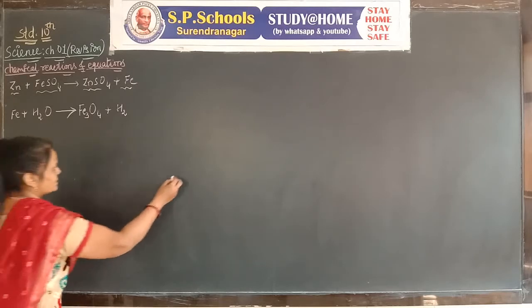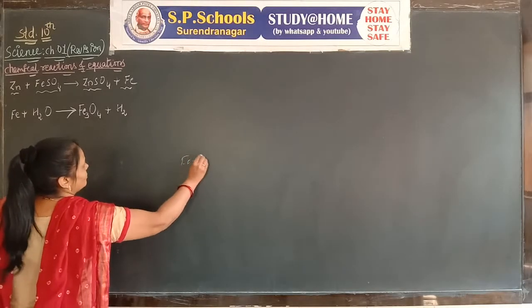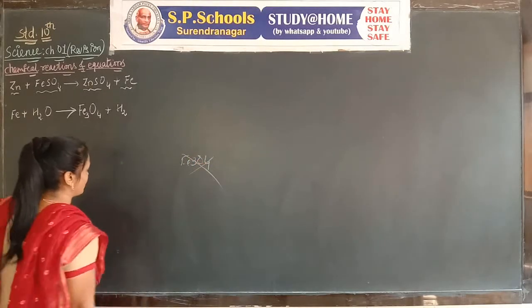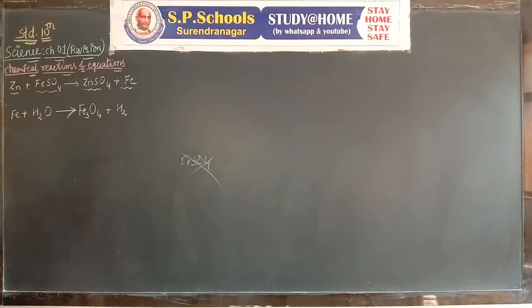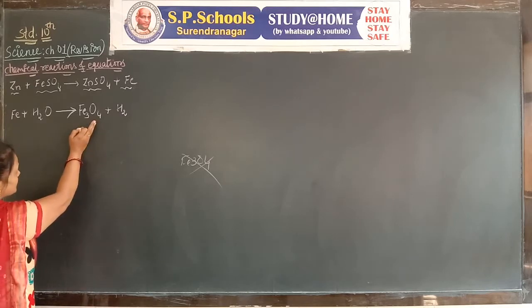Don't write just like this, Fe3O4. This will be wrong. So you have to take care when you write the equation. In the case of substances, we write substances on the left side and products on the right side.